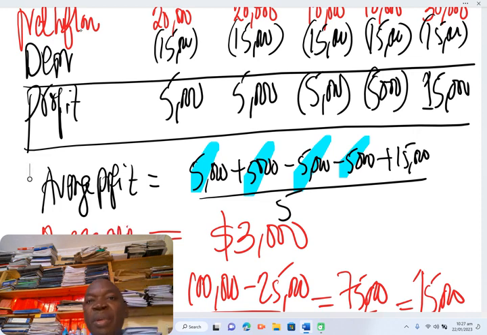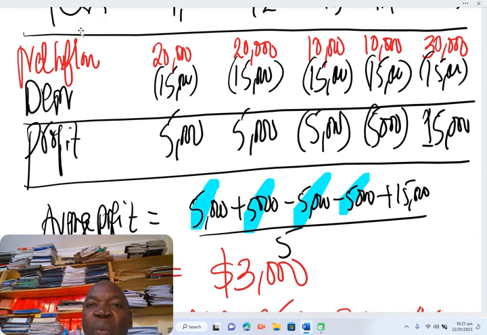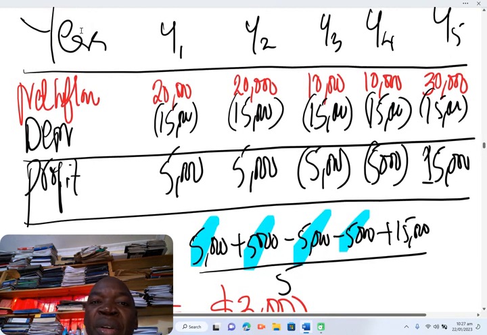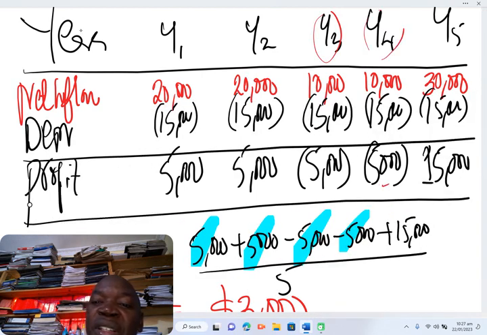Remember, as we said, when there is uneven profit, the method of ARR has a shortcoming. For example, the profit in year 3 and in year 4 is negative, but now we're taking the average.